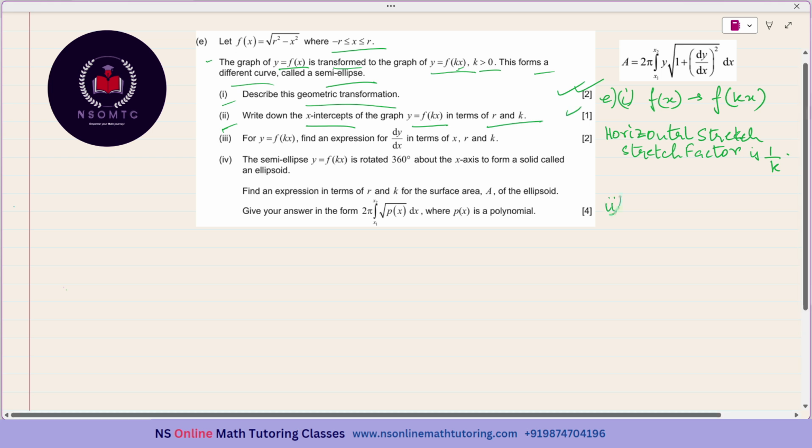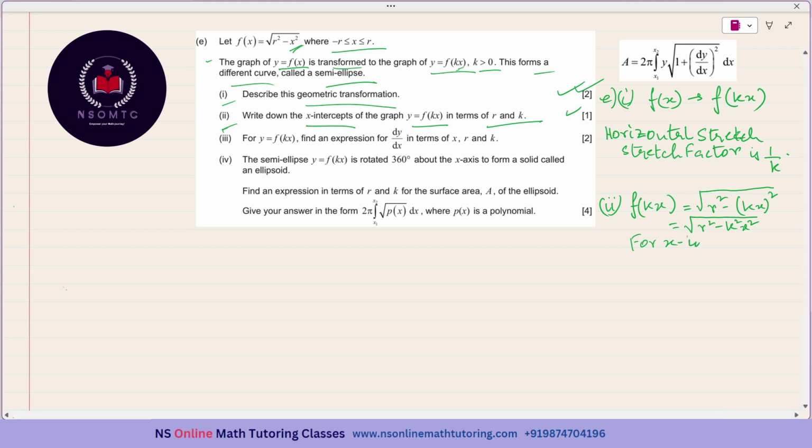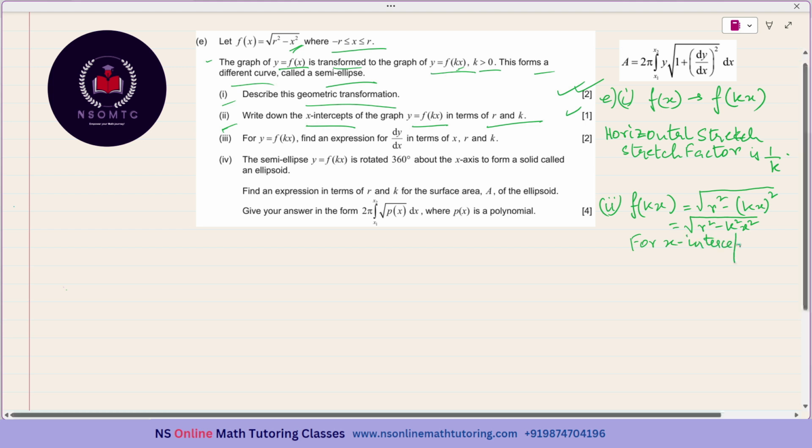Find the x-intercepts. First of all, let us write the expression for f of kx. In place of x, we will be putting kx. So it is square root of r square minus (kx) whole square, which is equal to square root of r square minus k square x square. Okay. For x-intercepts, y is equal to 0.